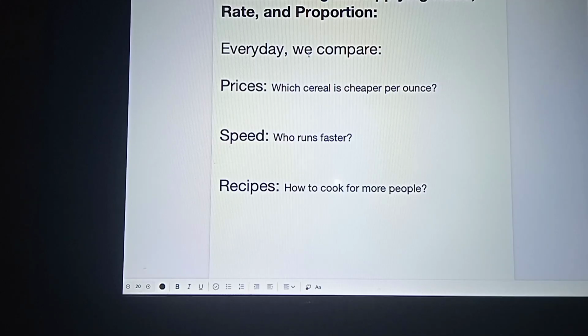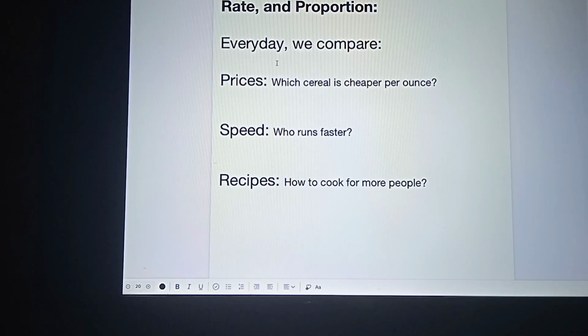In our daily life, we usually compare things like prices. We compare which cereal is cheaper per ounce. That is, while buying a particular type of cereal, we try to buy the cheaper thing.